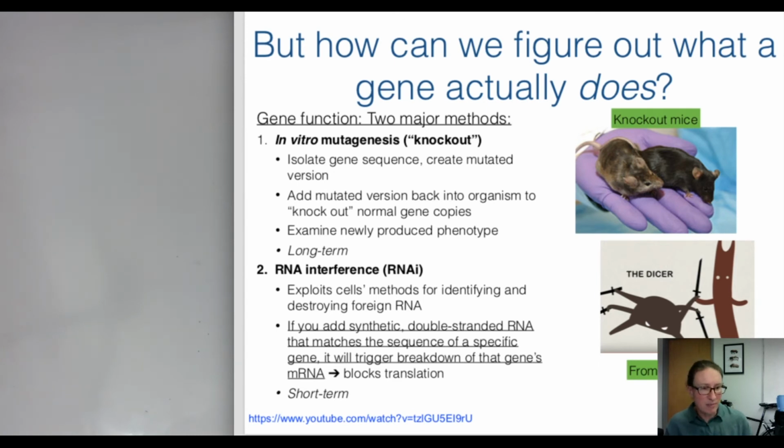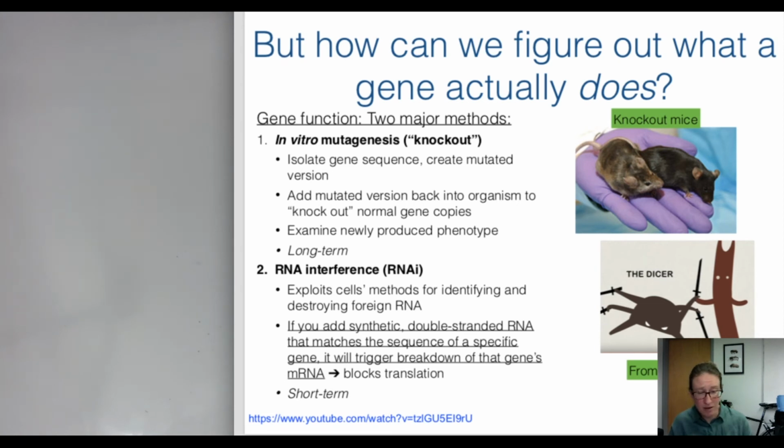This method relies on a trick that cells use to identify and destroy foreign RNA. What biologists figured out is if you can add some synthetic double-stranded RNA that matches the sequence of a particular gene, what that will do in cells is trigger breakdown of that gene's messenger RNA.